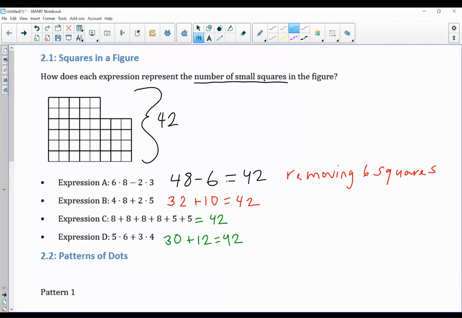So now I'm looking down. So we have 1, 2, 3, 4, 5. Each of these have 6 in them. And then over here, each of these have 4 in them. So that's where they're getting 5 times 6 and 3 times 4. And that's the warm-up.